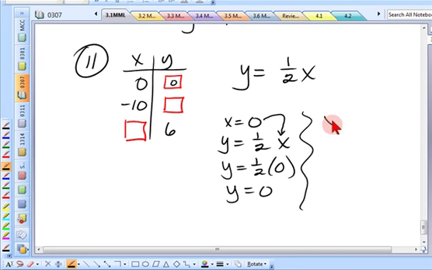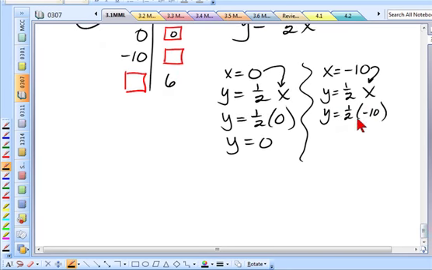Next part, x is negative 10. I have y equals 1/2 x. Plugging in the negative 10, y is equal to 1/2 times negative 10.